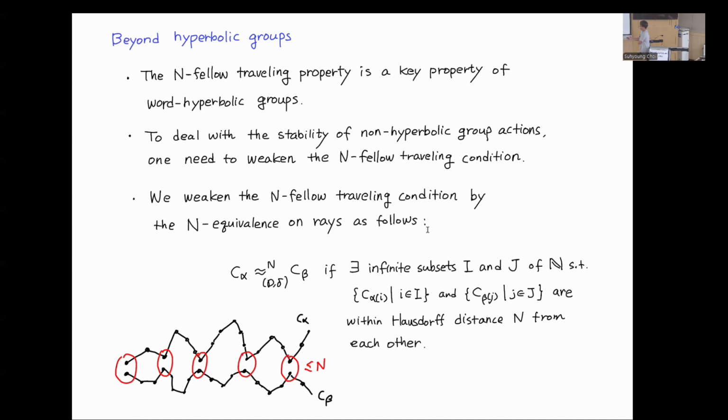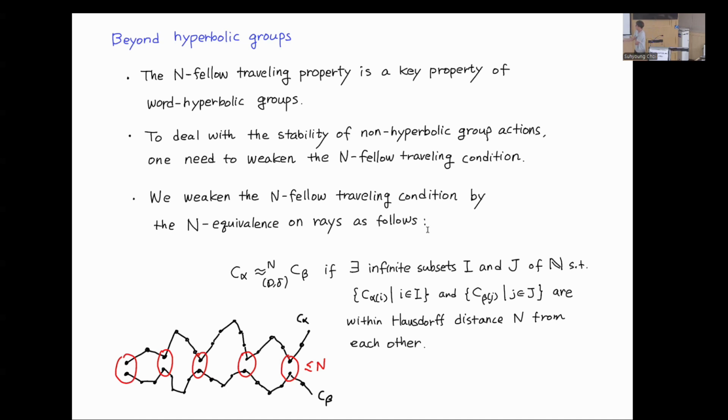First, we introduce the N equivalence on rays. The Morse-Ferrero-Cherubin property requires that the Hausdorff distance of the two rays is uniformly bounded, right? But we require just an infinite subset of the two rays to be within Hausdorff distance N from each other. So the picture looks like this. This is c alpha, a ray, and this is c beta, another ray.